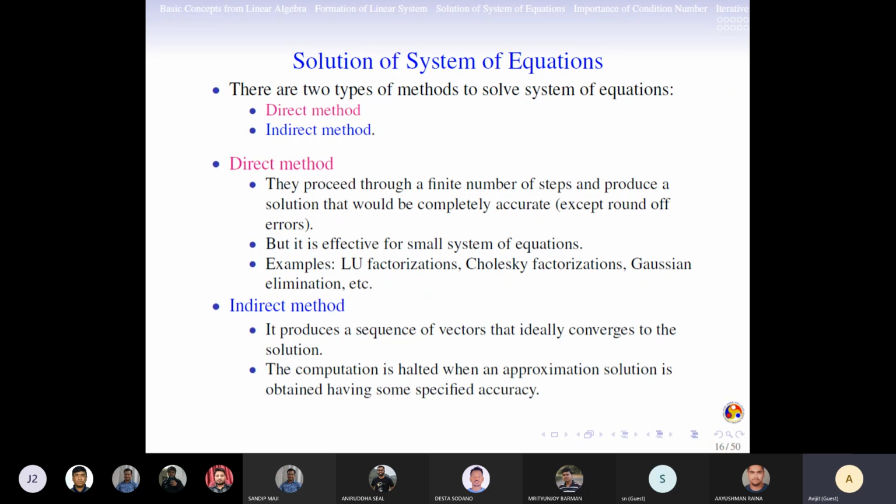Indirect methods are always iterative in nature. This is very efficient for solving systems of equations when the system is very large. Basically we will discuss this indirect method, the iterative method, in this context.